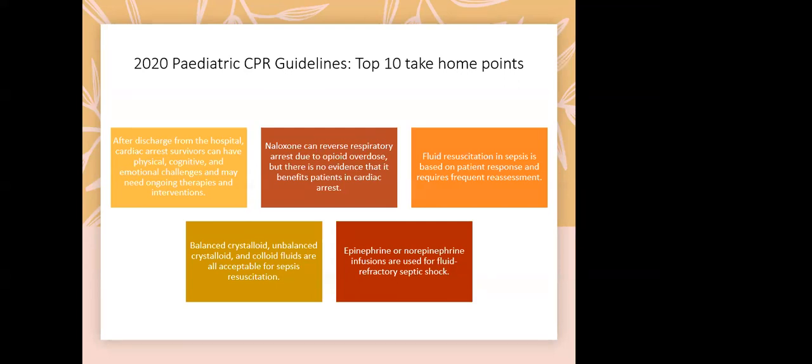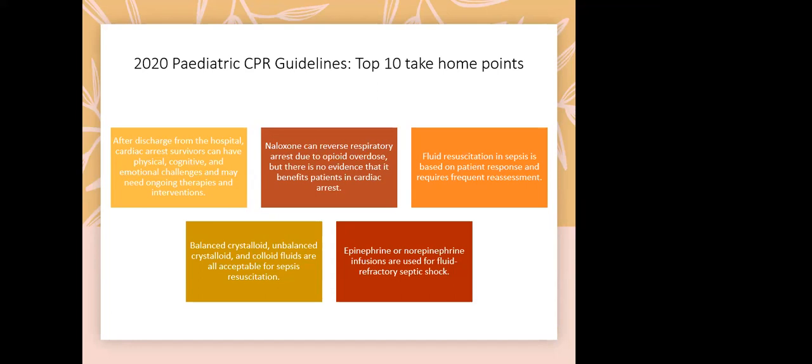Consider fluid resuscitation in patients with sepsis, where cardiac arrest is secondary to sepsis. This is based on patient response and always requires frequent reassessment with your IVC monitoring and other forms of fluid management strategies.